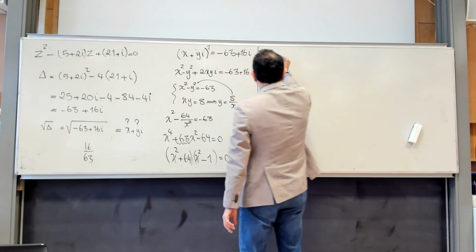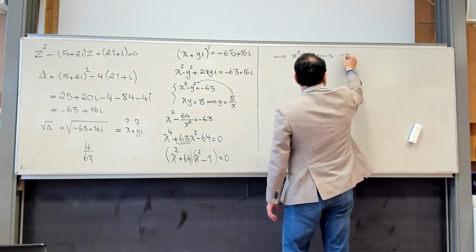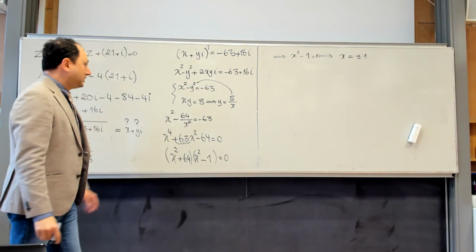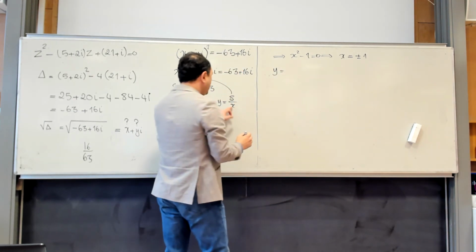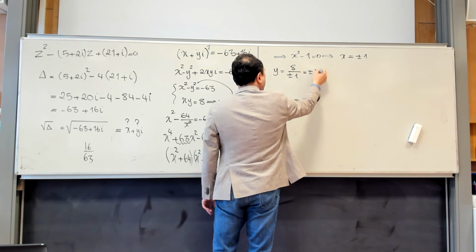So then this only gives me x squared minus 1 is equal to 0. And what is x? X is plus or minus 1. Super simple, yes? If I put it back here, y becomes equal to 8 divided by plus or minus 1, which becomes plus or minus 8.